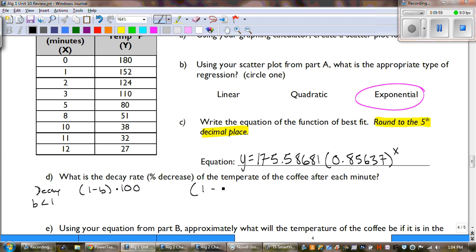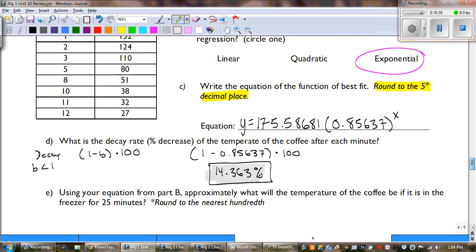So we have 1 minus 0.85637 times 100. Did you get 14 point what? Yeah, 14.363%. So that's the decay rate. It's 14% each minute it's going down.